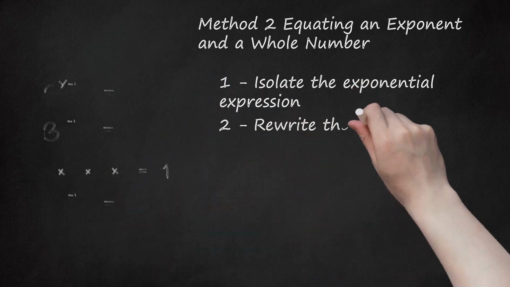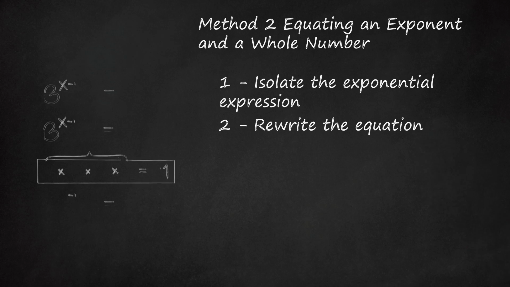2. Rewrite the equation. You need to determine whether the whole number can be converted to an exponent with the same base as the other exponent. If you can't convert the whole number in this way, you cannot use this method. For example, look at the equation 3^(x-5) = 81. You need to change 81 to an exponent with a base of 3, so that it matches the other exponential expression in the equation.